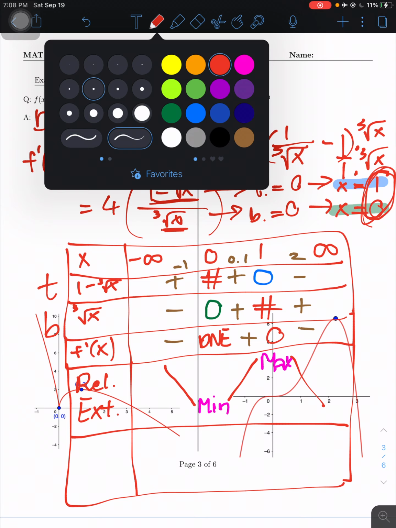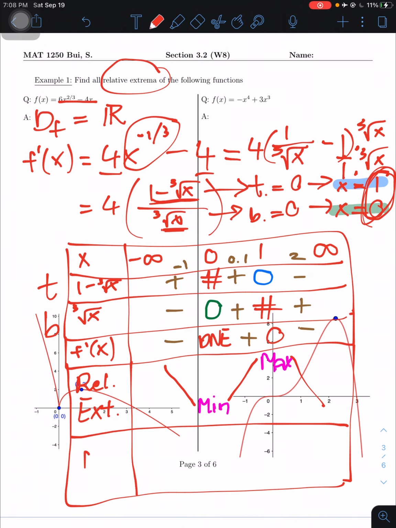Okay, and then for the last box in here, you have to calculate the value of them, because it's not good enough if we only have the x value. We also have to get the y value. So what we're going to do is that for 0, we're going to plug 0 into the original function. Let me get some space in here.